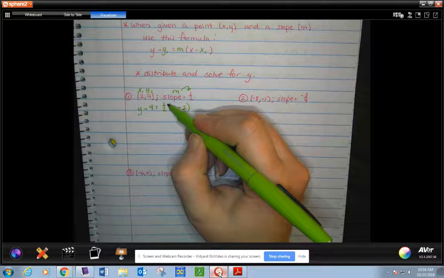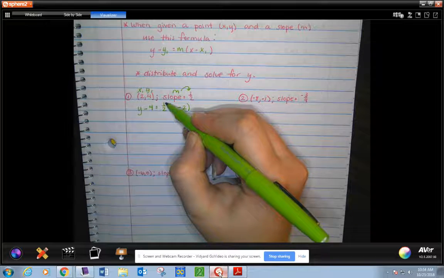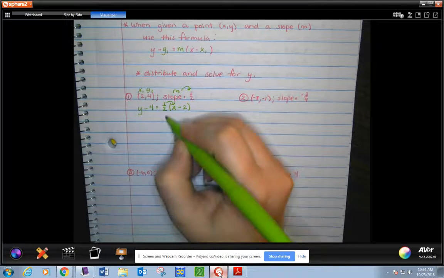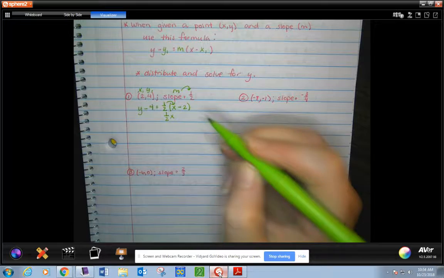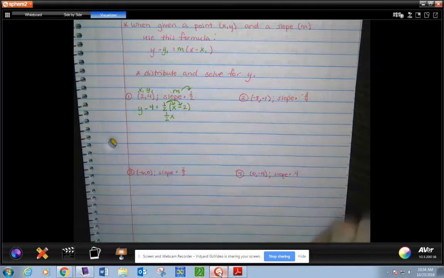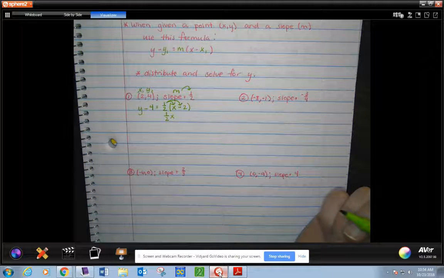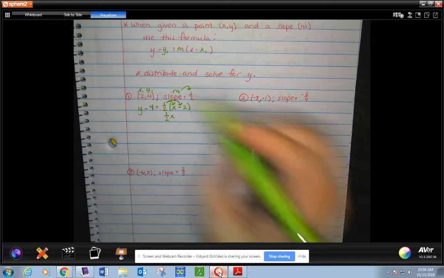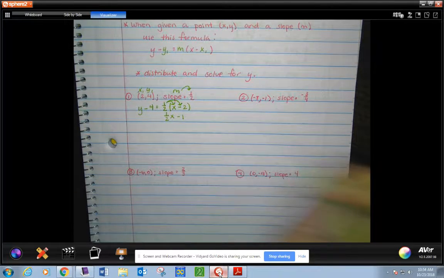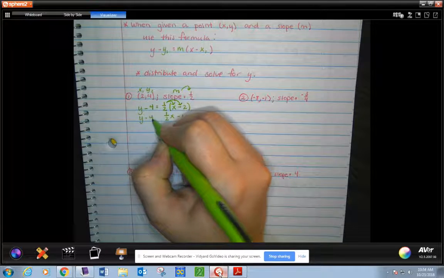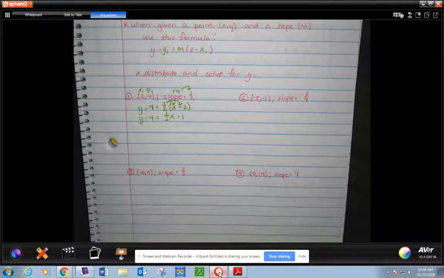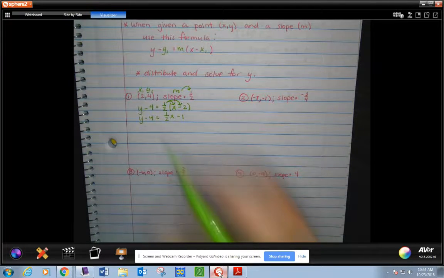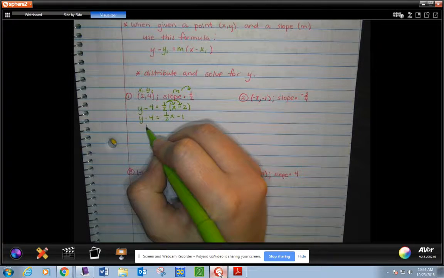Working on the right side, you're going to take a half and multiply it by x, which is 1/2 x. Then you take a half and multiply it by -2. If you need to use your calculator, do so, but half of -2 is -1. You bring down y minus 4 equals. Now I have one more step. I must get y by itself, so you have to add the 4.